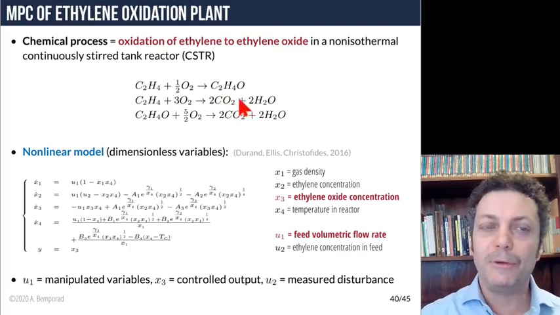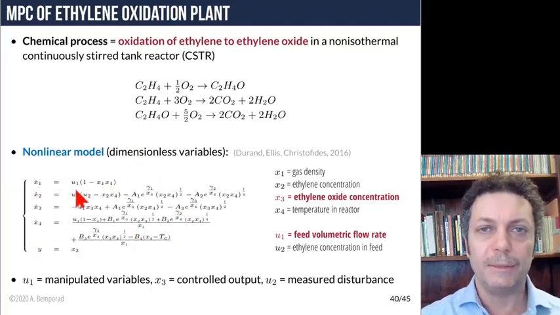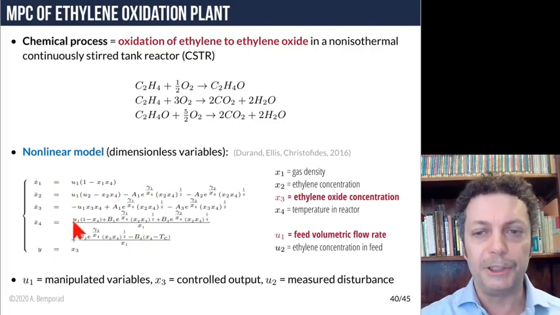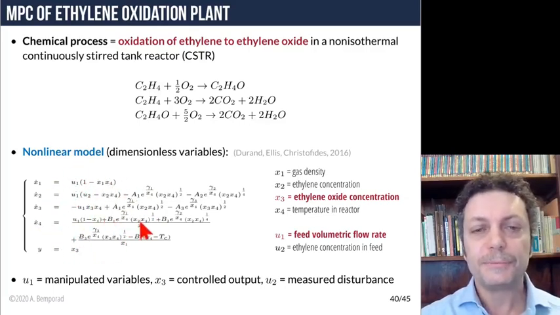Let me show you an example of how to use neural networks to solve nonlinear MPC problems. Here I'm taking a simple problem of controlling the oxidation of ethylene process to ethylene oxide. The physical model is, you can write it down, it's quite nonlinear, and we don't want to use this model for predictions.